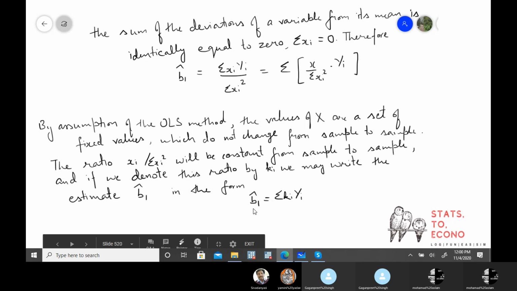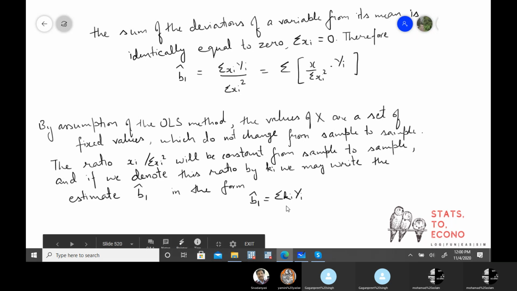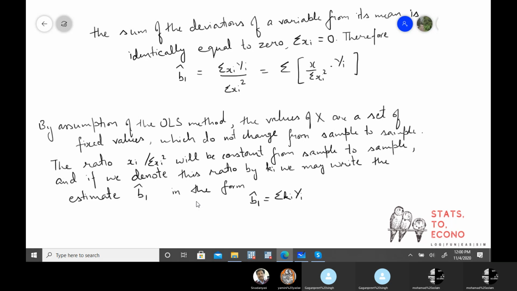So now we have the beta 1 slope coefficient equivalent to summation ki yi. Many times you might find difficulty in these derivations. The only way is to do it again and again.